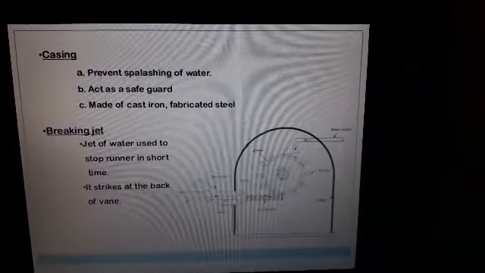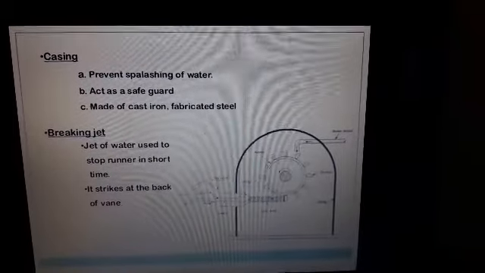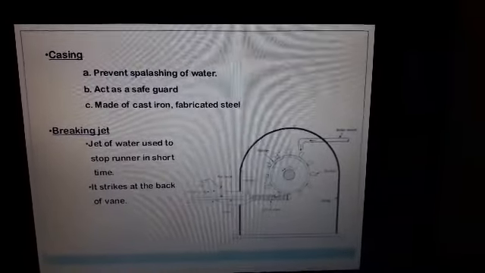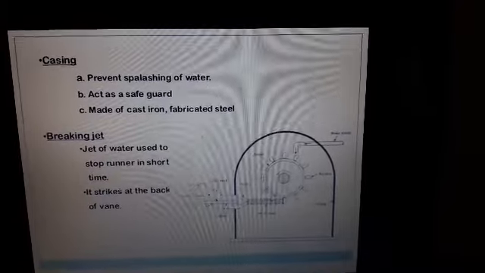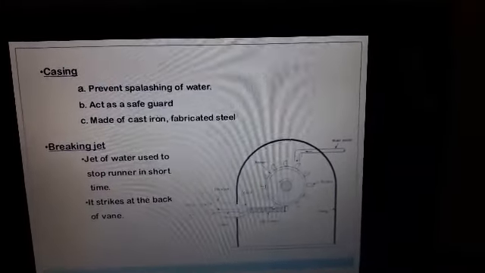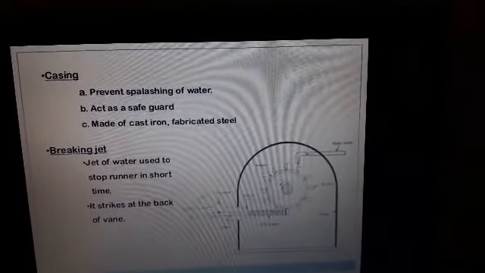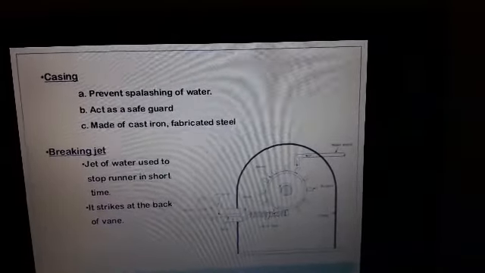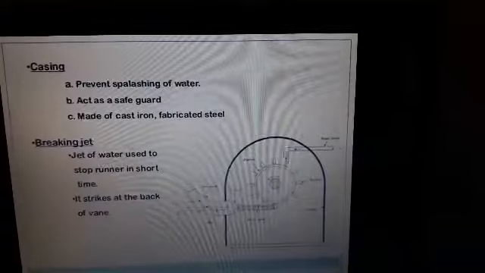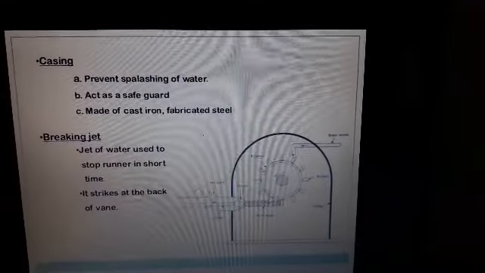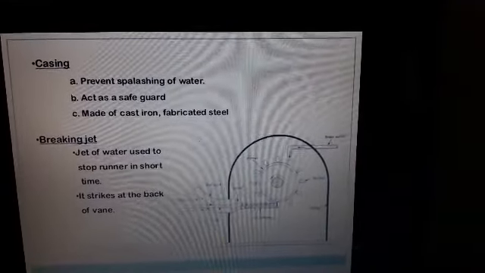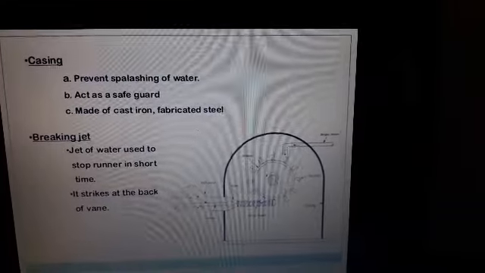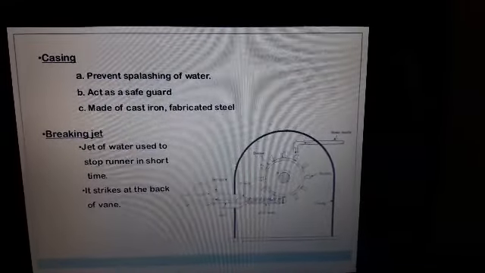To stop this rotor, we use a braking jet, which is installed on the top of the turbine, and the water supplied strikes the back surface of the bucket or runner, which exerts a force in the opposite direction of the rotation of the runner.